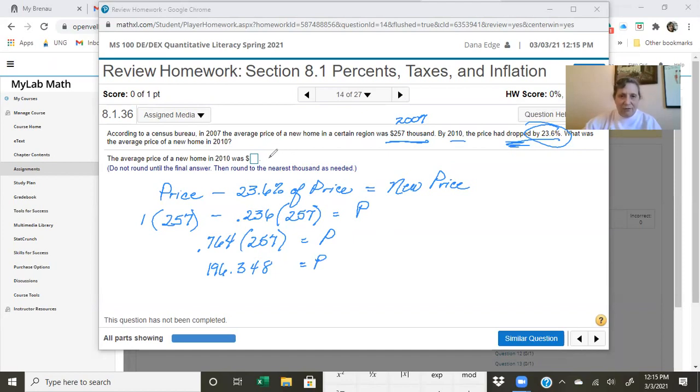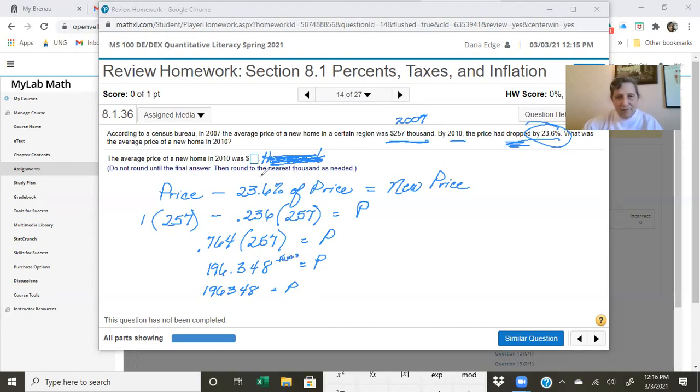Now, sometimes they will write the word thousands here. In this case, they did not. So I think they probably want you to convert this to thousands, which would be multiply it by 1,000, because this was in thousands.